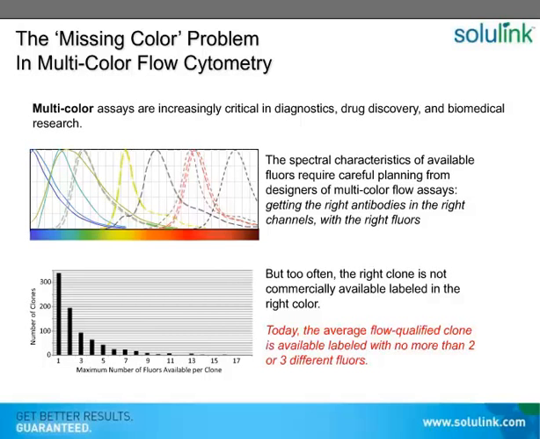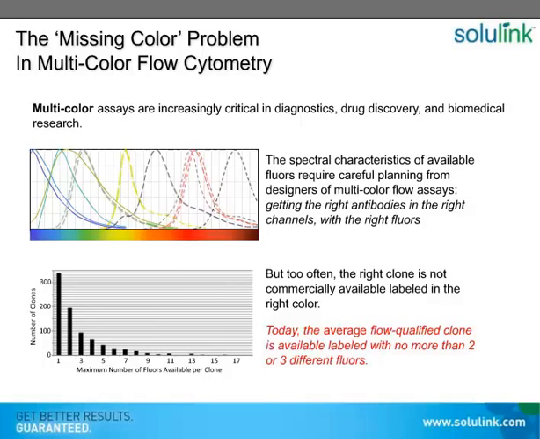Either you have to abandon the effort, or you have to engage in a custom synthesis and conjugation project, either yourself or contracting someone else to do it. Either way, it makes it very difficult to develop new multicolor flow panel assays with great facility and dispatch.